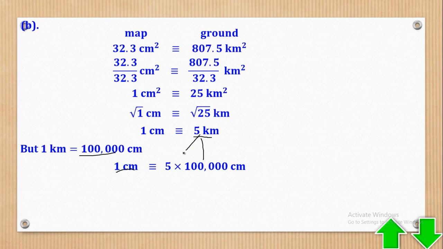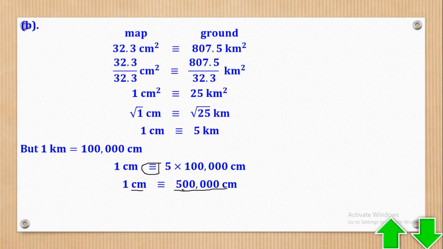That is why you multiply here by 100,000 to come up with 5 times 100,000 centimeters this side. But remember we are maintaining the equivalent sign. Then from there we shall say that 1 centimeter is equivalent to 500,000 centimeters.